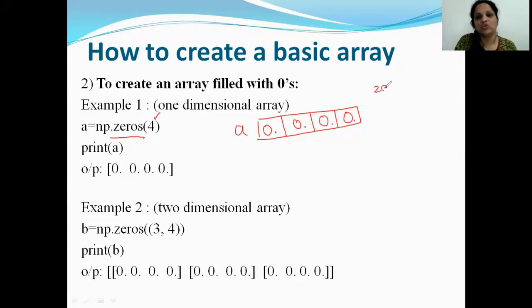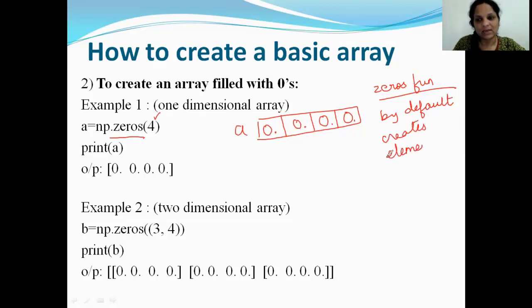So you need to remember that the zeros function, by default, creates elements as floating point elements, as float. So though I said zeros could also be an integer, it creates by default as float. Can we change it to something else? Yes, we will see it later.